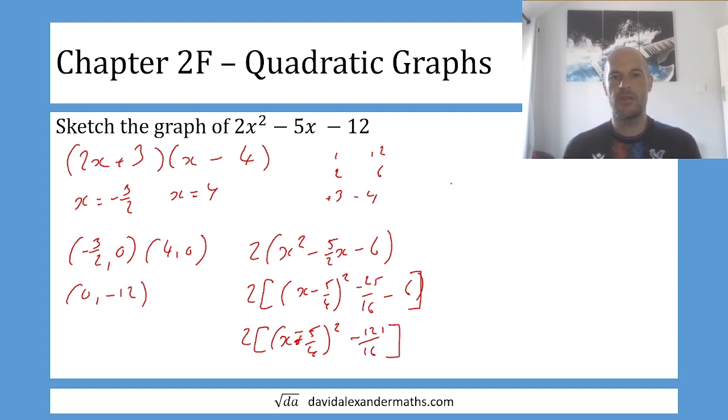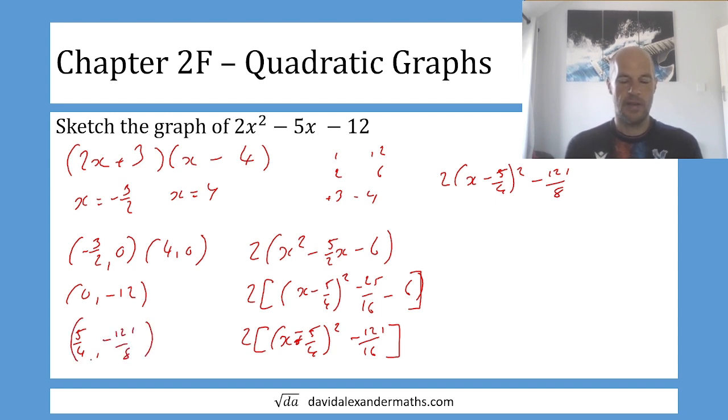So multiplying through by 2, that's going to be 2 lots of x minus 5 over 4 squared minus 121 over 8, multiplying this fraction by 2. So my turning point is going to be positive 5 over 4, minus 121 over 8. Which is, just so we know, approximately minus 15.125, which might be easier for us to plot.